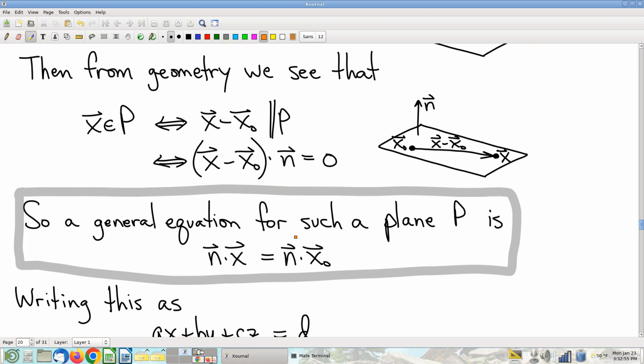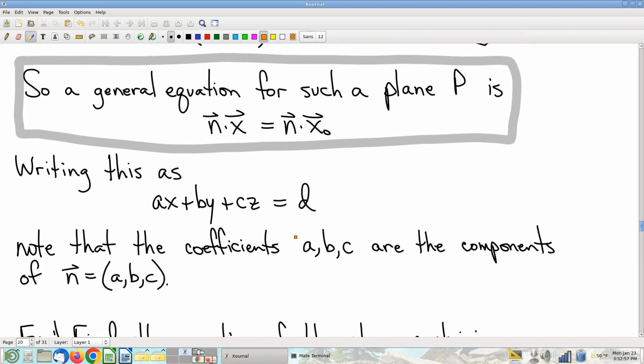Now a lot of people like to expand that out, and if you think about it, your normal vector is going to have coordinates. Let's say the normal vector's coordinates are A, B, C. This point that we're testing, x, is going to have coordinates. I'm going to call them x, y, z, point being that those are the variables.